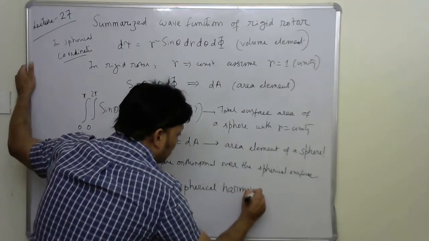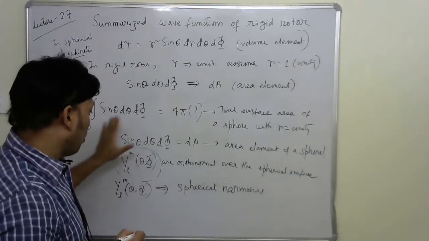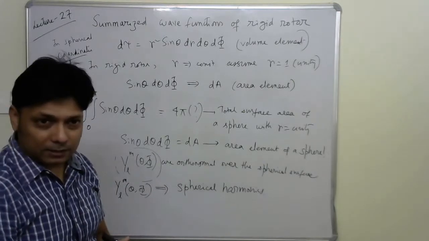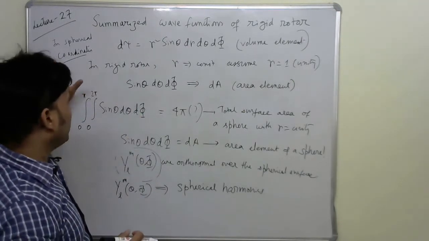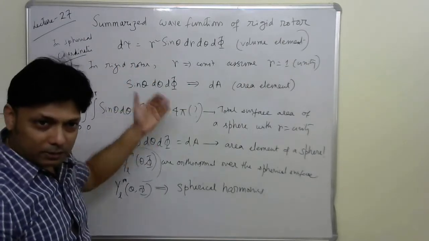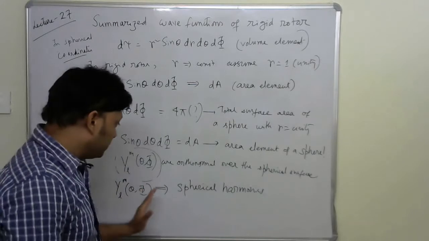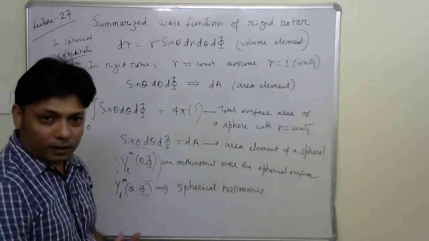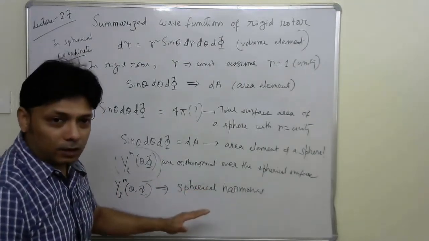This name came from mathematics, because these were obtained or shown by the famous mathematician Laplace in the 18th century, and from his name we got the Laplacian operator. Y_lm(theta, phi) is also called Laplace spherical harmonics. In short, we call them spherical harmonics.